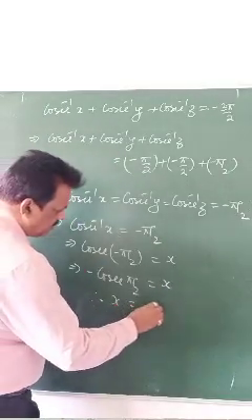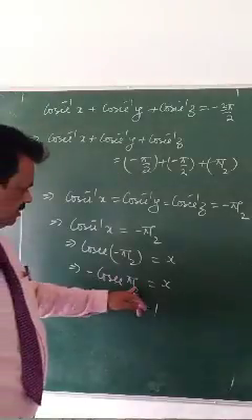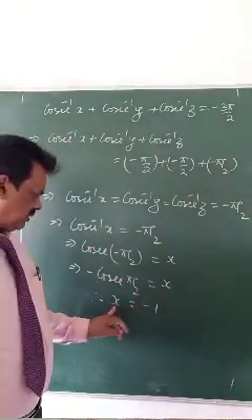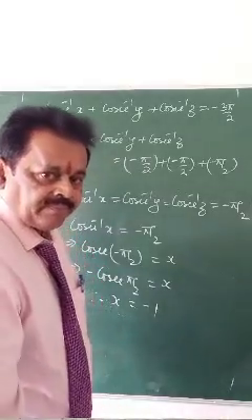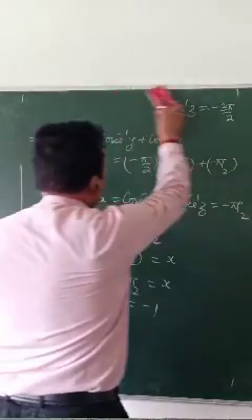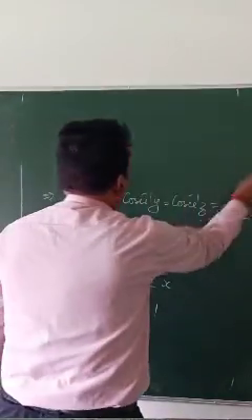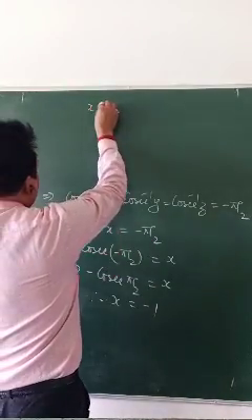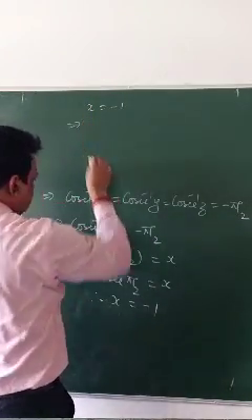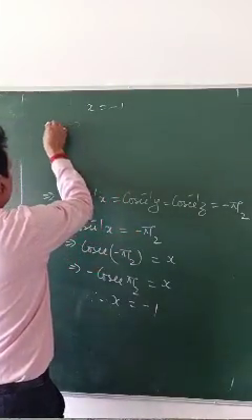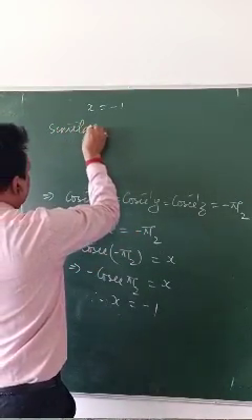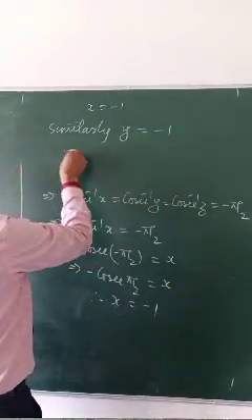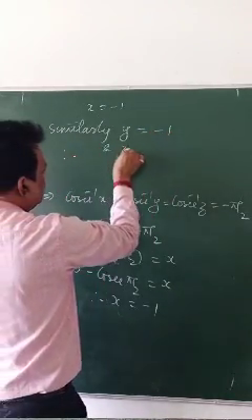Therefore x is equal to minus 1, because cosec pi by 2 is 1. That means x is minus 1. Similarly y is minus 1, and z is also minus 1.